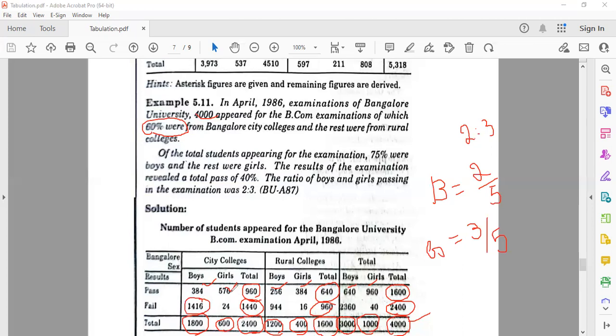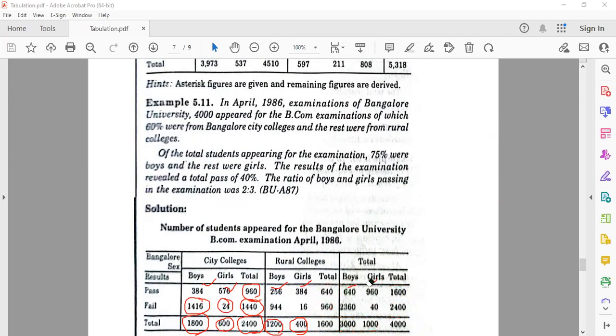Similarly, 600 minus 576 is 24. So like this, you can adjust the values. Now, this is how you can solve this particular problem. I hope that you understood this particular problem. This is based on ratios. So you have to take the ratios, and based upon the ratios, you have to calculate the answer.